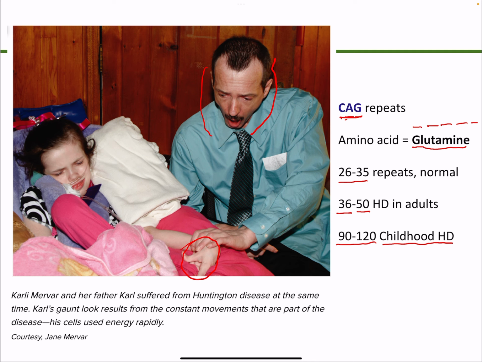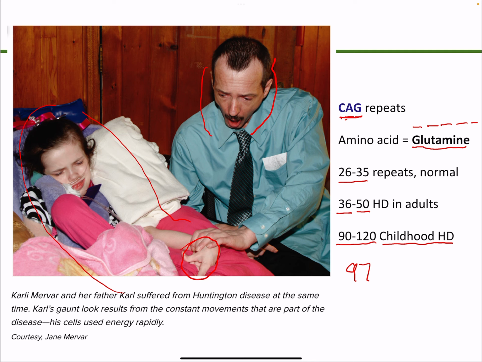So, Carly here, when her genetic information was characterized, it was shown that she has, I think, 97 CAG repeats. The more CAG repeats, the more severe the disease is, and the earlier it appears in an individual. So, this is one good example of a single gene inheritance.